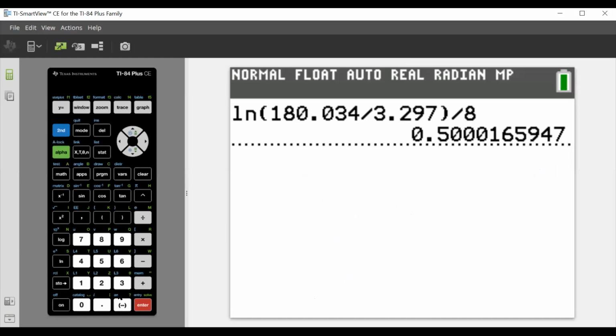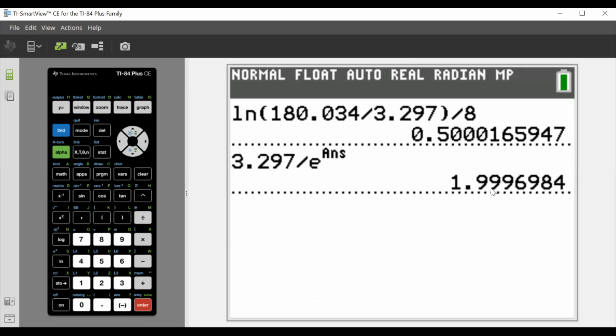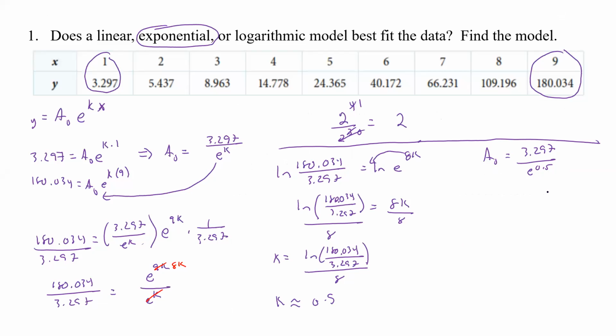Well, we have 3.297, and that's divided by e to the 0.5. And you know what? Let's use that whole answer. Then we don't even have to worry about saying we rounded. And we get 1.9969. So even if we round this to 2 or 3 decimal places, we're going to get 2 here. So that is going to be what I'm going to use here. So I'm going to say that is approximately 2.